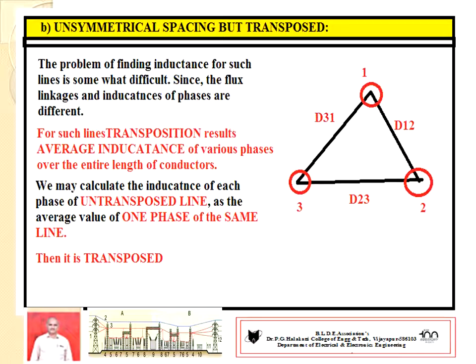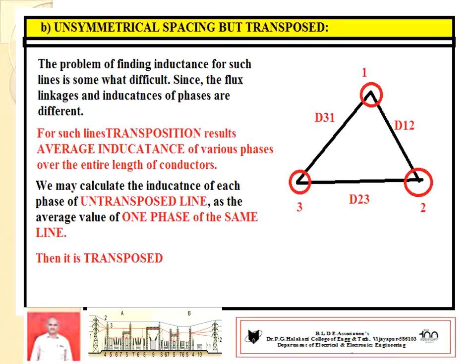From conductor 1 to conductor 2, it is referred to as D12. Distance between conductor 2 and conductor 3 is referred to as D23. In similar fashion, distance between conductor 3 and 1 is referred to as D31.